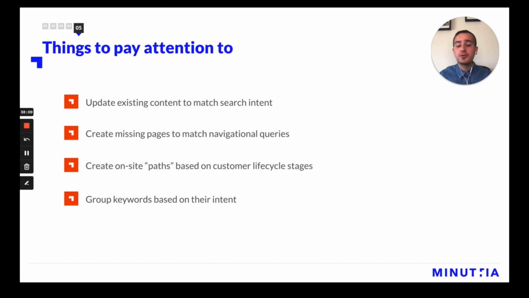Another thing that you can do when it comes to search intent is to try to create on-site paths based on customer lifecycle stages. What this means basically is that if people, for example, are visiting a guide that you have created with informational search intent behind the target term, there is a good opportunity for you to create an additional resource in order to get people to start establishing a relationship.